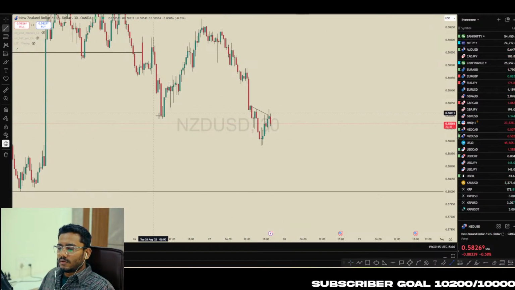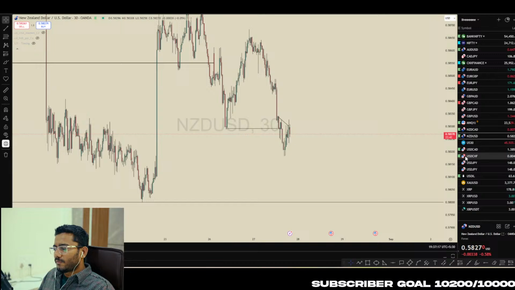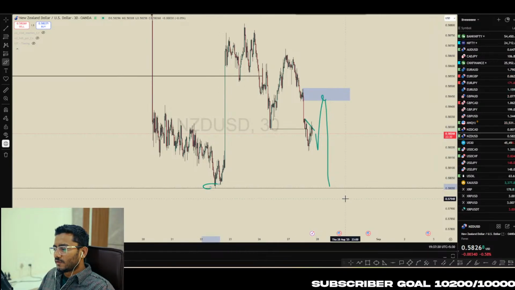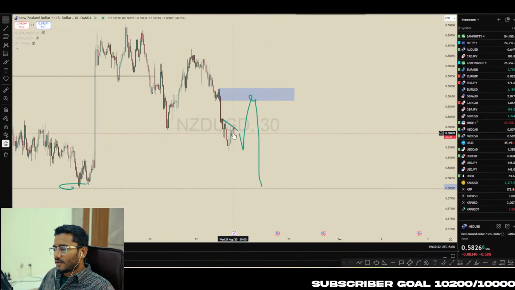So I think on NZD/USD, price will not fulfill this. We can look for sell side from here. We have inducement. Price is creating a trend line liquidity over here. If price comes, then we can look for sell side and target the next low, which is this one. So around we have 1:7 RR from this.